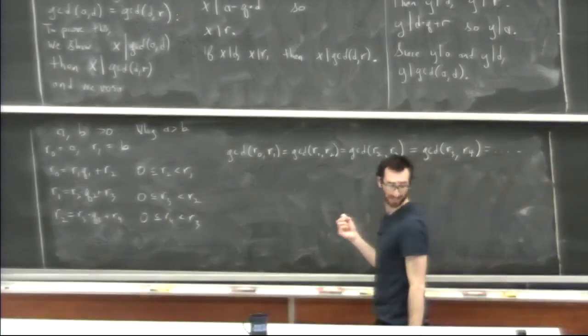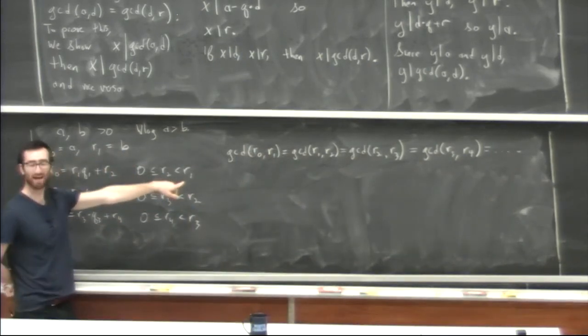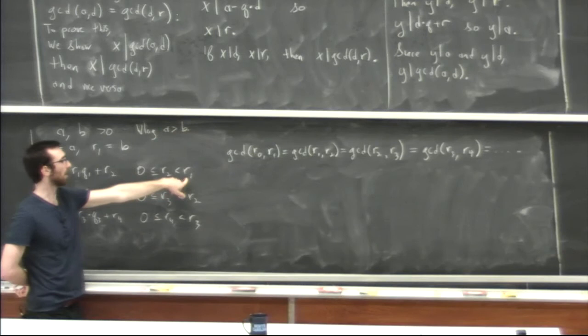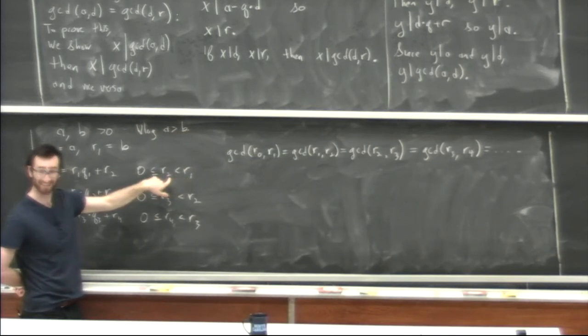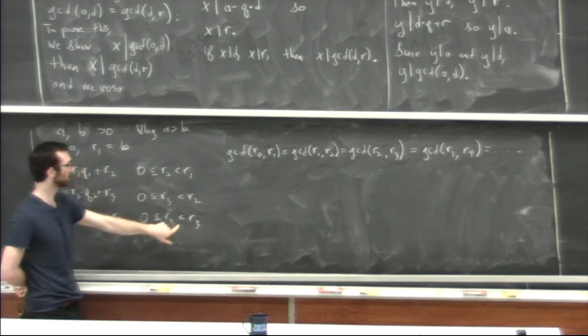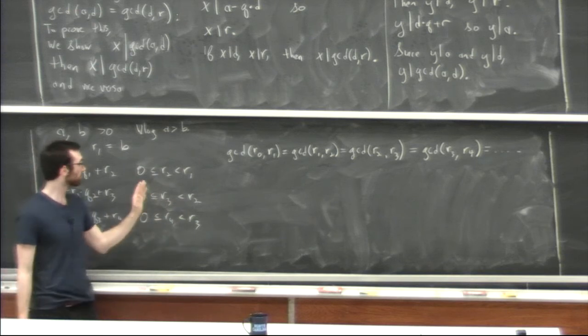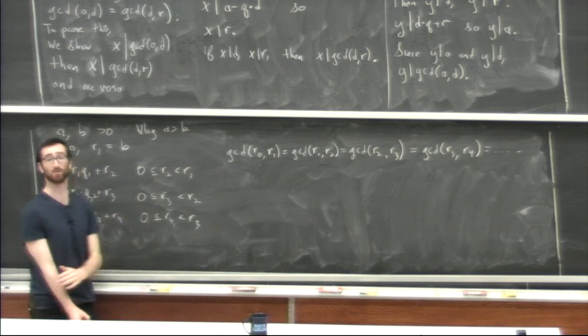But that's actually not the case. The point is that I always have this decreasing property. R1 is some positive number, and R2 is less than R1. And then R3 is less than R2, and R4 is less than R3, and so on and so forth. Moreover, these numbers are bounded below by 0.